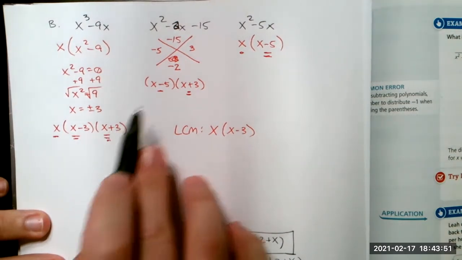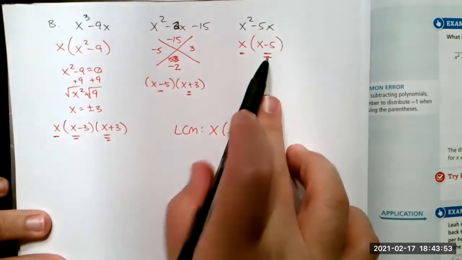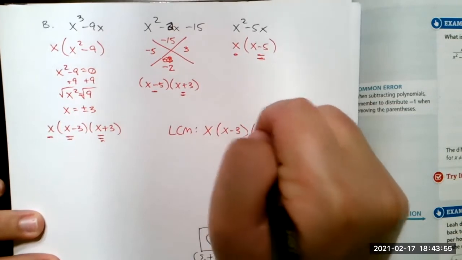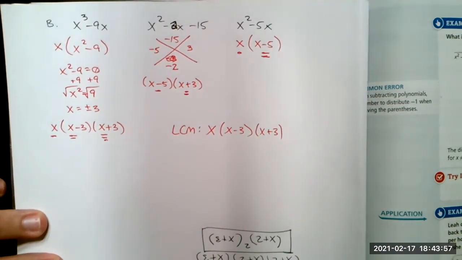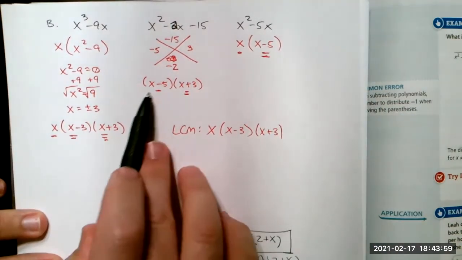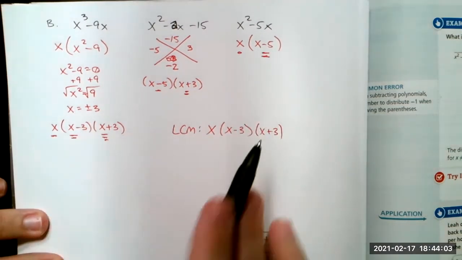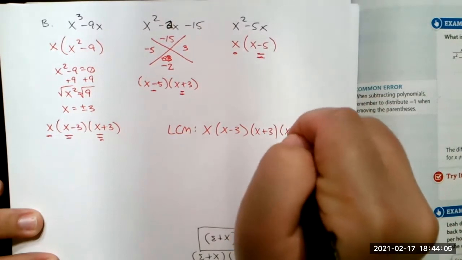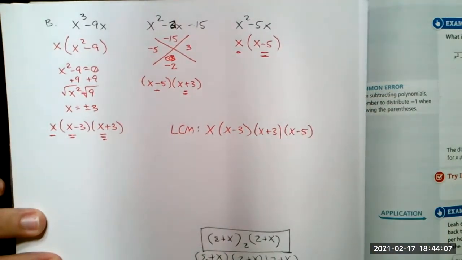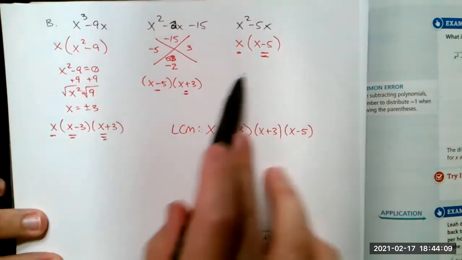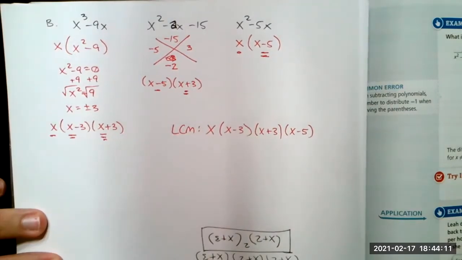That's got an x plus 3, that's got an x plus 3, but no x plus 3 over here. So I need an x plus 3 as part of my least common multiple. That's got an x minus 5, so does that, but that doesn't. So I need an x minus 5 over here. Plus 3 I already took care of. Minus 5x I already took care of everything else.